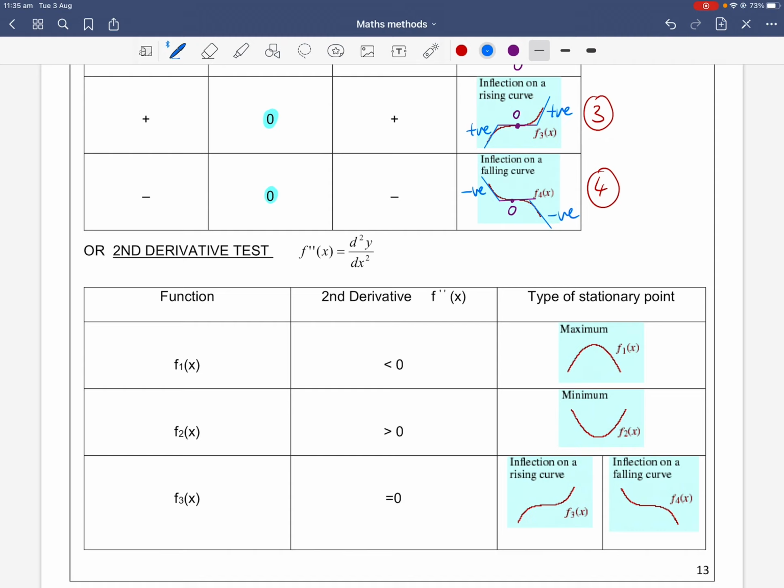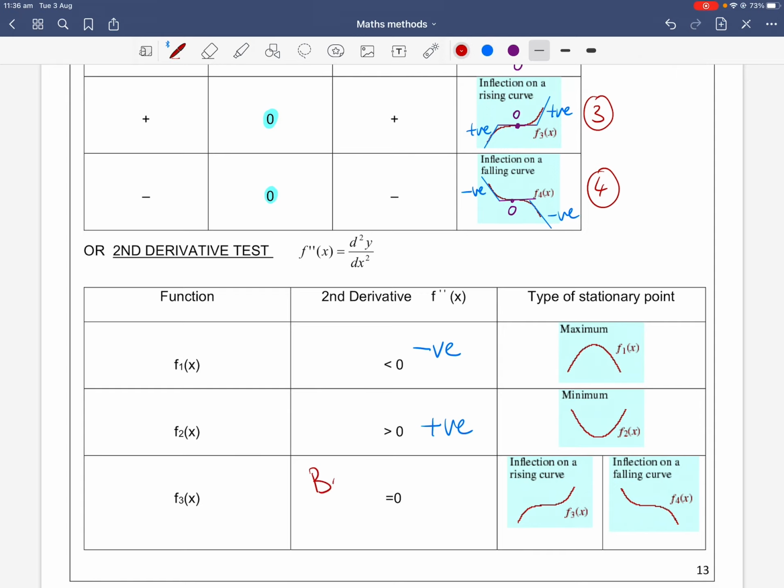So if you differentiate twice and you put your stationary point value in, and if f dash dash is negative, then negative means sad. Sad means a maximum. If your second derivative f dash dash is positive, positive means you're happy, happy means minimal worry, so your happy face, then we know that it's a minimum.